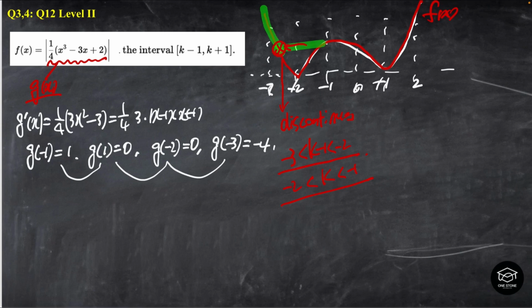Next, we look for a second discontinuity, one that occurs when the maximum value switches abruptly from one endpoint of the interval to the other. This happens when f of k minus 1 equals f of k plus 1. We solve the equation g of k minus 1 equals g of k plus 1 using the original cubic function.